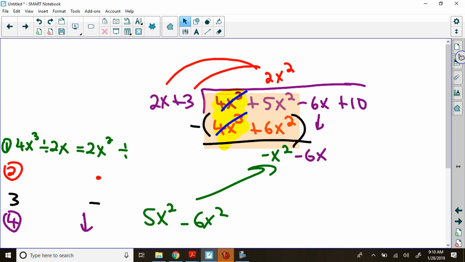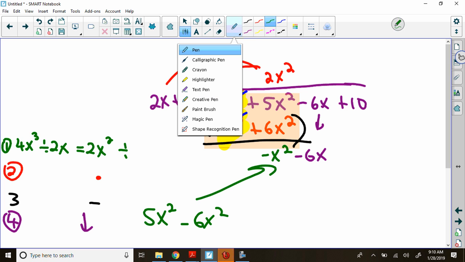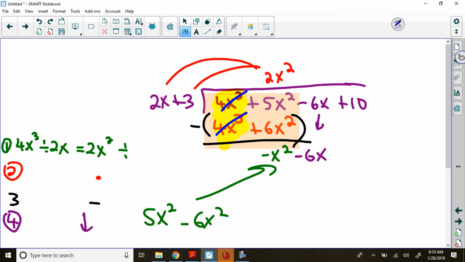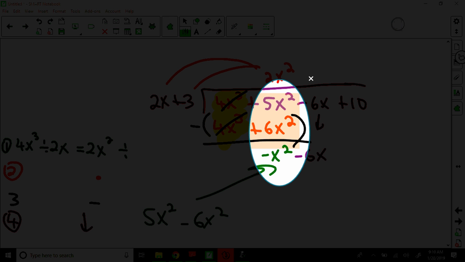Question. Where did the 5x squared minus the 6x squared come from? That's a terrific question. So what ends up happening is, down this column right here, I'm just subtracting.